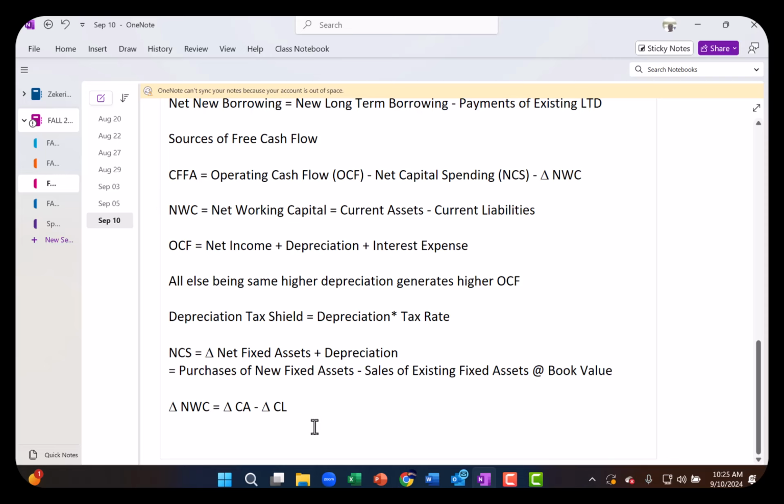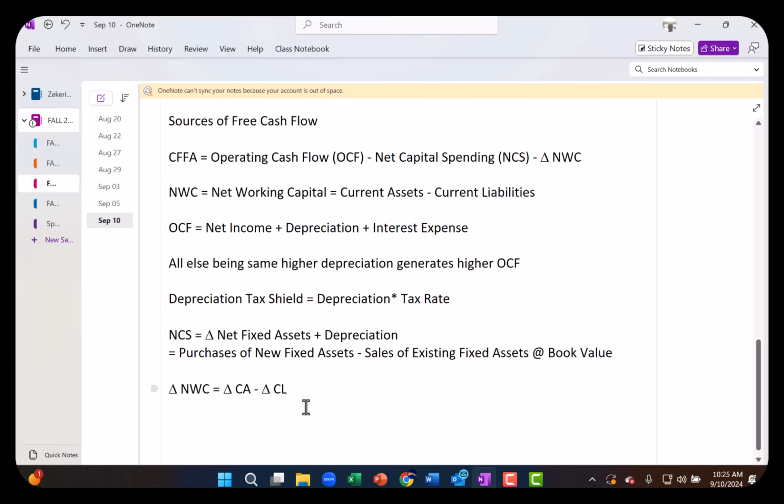If you add these things up, actually, you can kind of see that CFFA is net income plus interest expense minus... where are you?